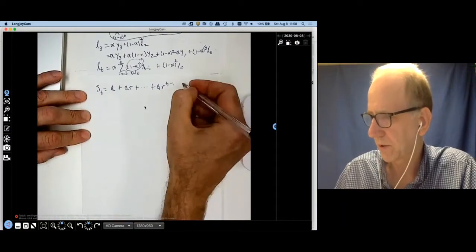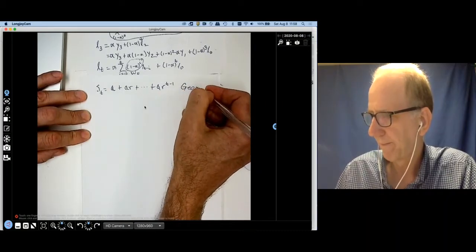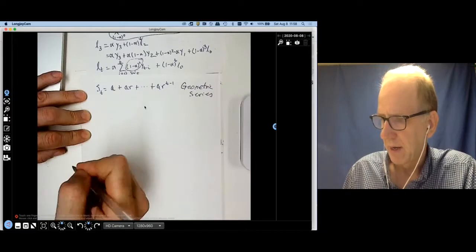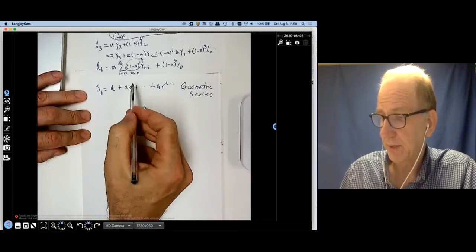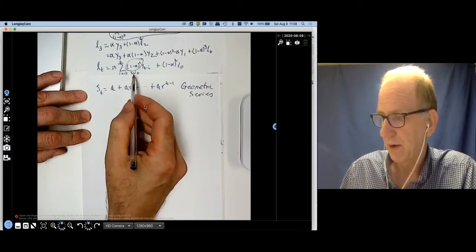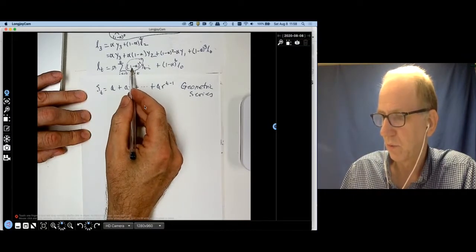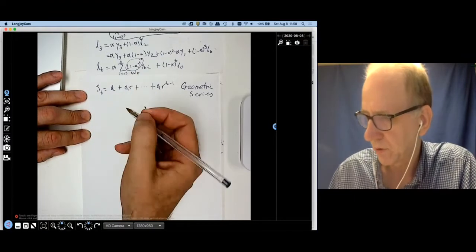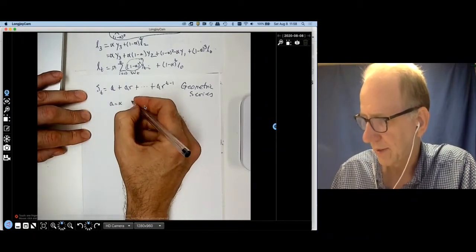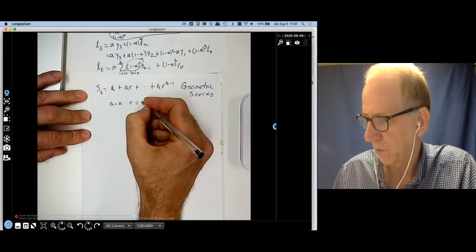That's called a geometric series. What we have here is a geometric series. My A's are these alphas, and my R's are these 1 minus alpha values. So let A equal alpha, and my R is 1 minus alpha.